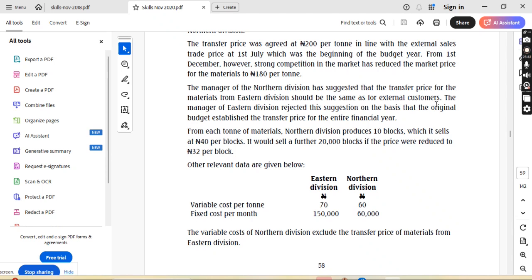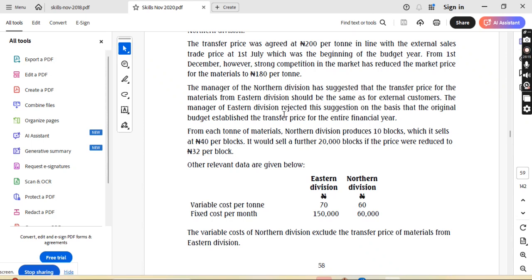And don't forget, the external price is 200 naira per ton, and as a result of competition in the market, they also have 180 naira per ton. Now, the manager of eastern division rejected this suggestion.